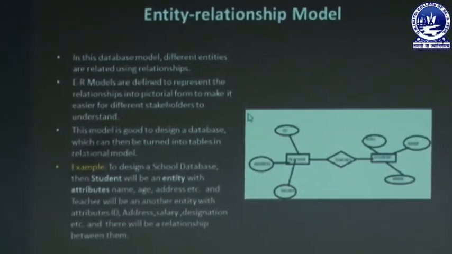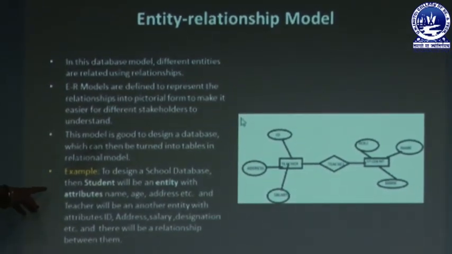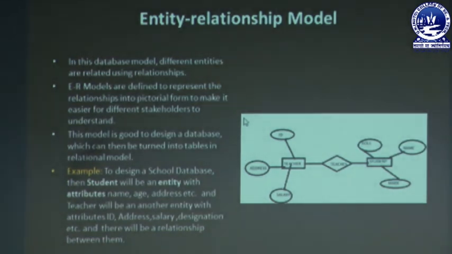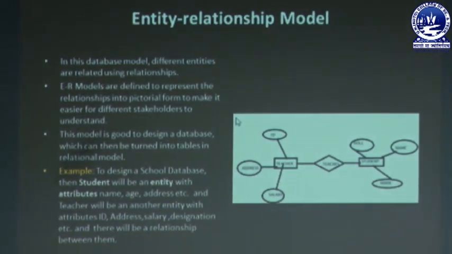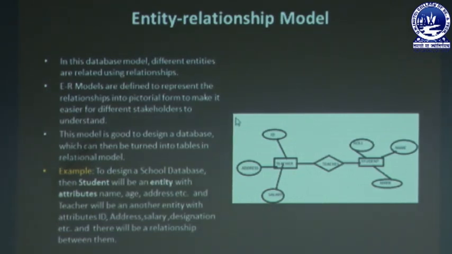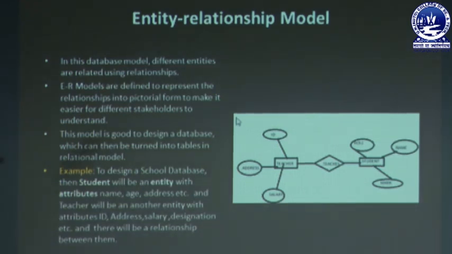So, here we can take one example; I already explained it. To design a college database, student will be an entity having attributes name, age, address, and teacher will be another entity having attributes ID, address, salary, designation, etc. And there will be a relationship between the teacher and student entities. You can see the picture.